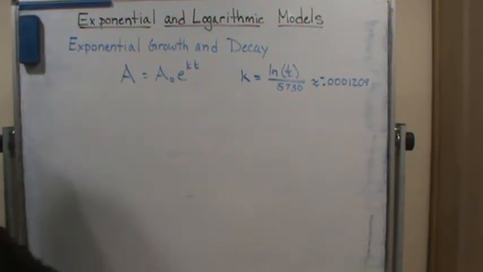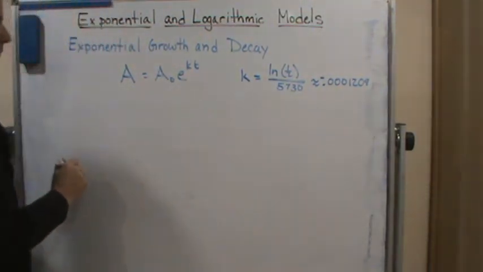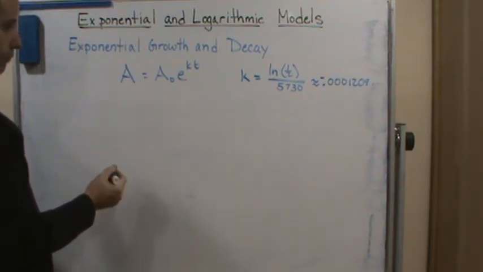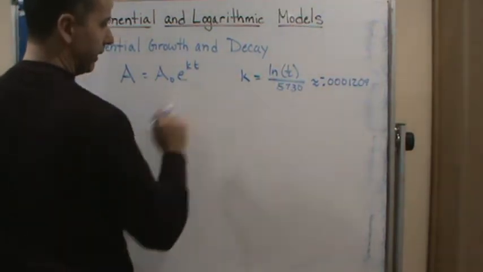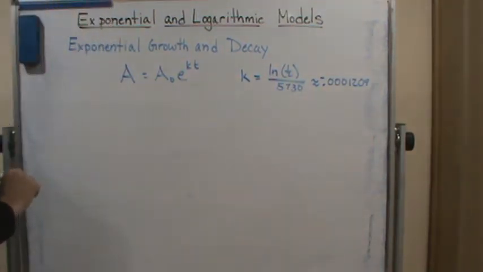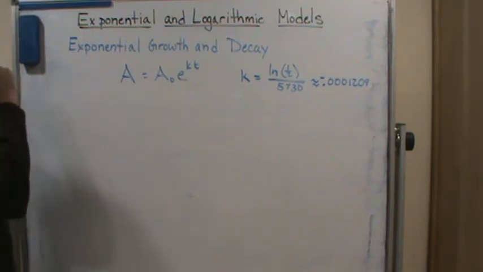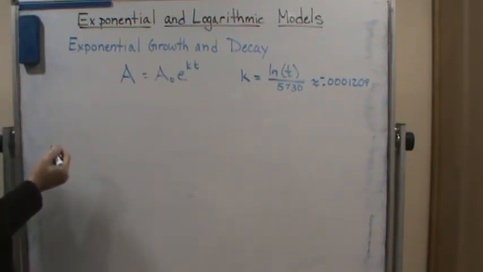So this is for finding K. But if I solve for time, then what I end up getting is this, right?